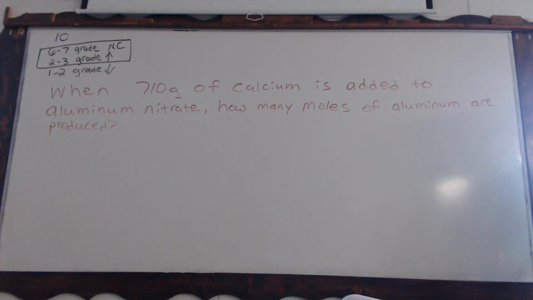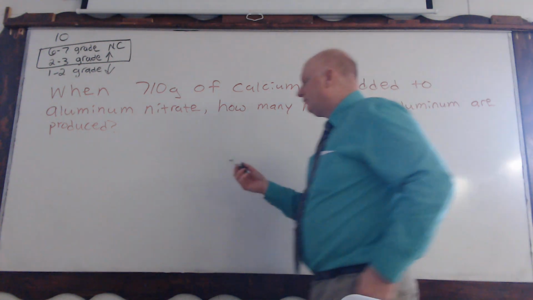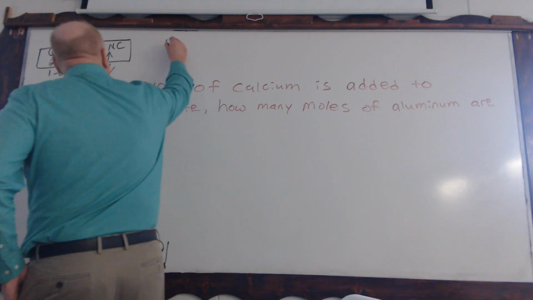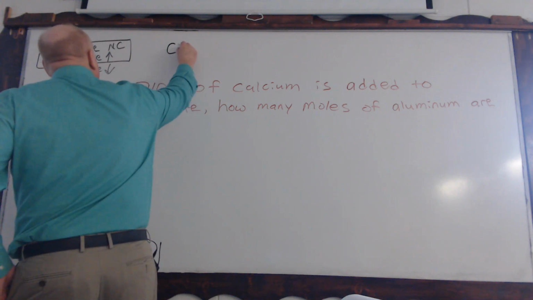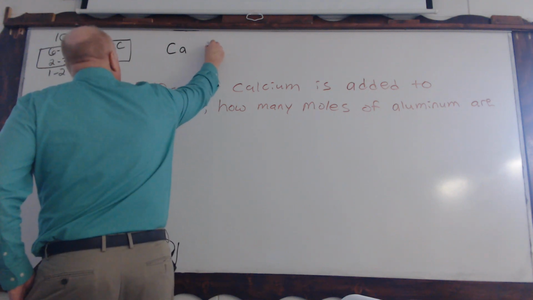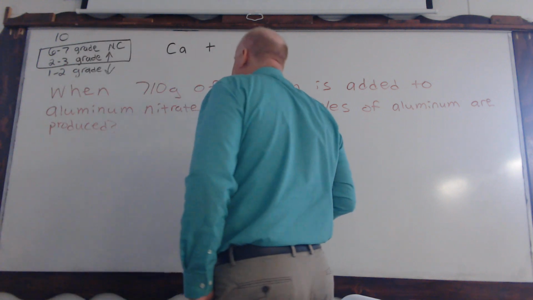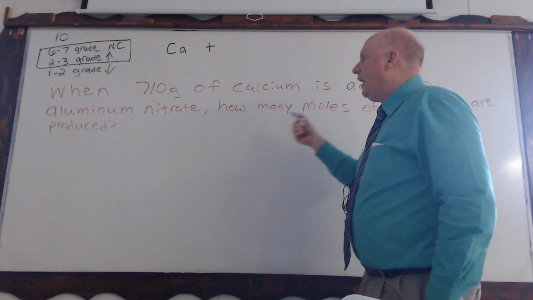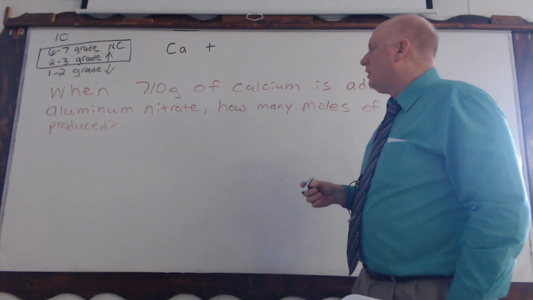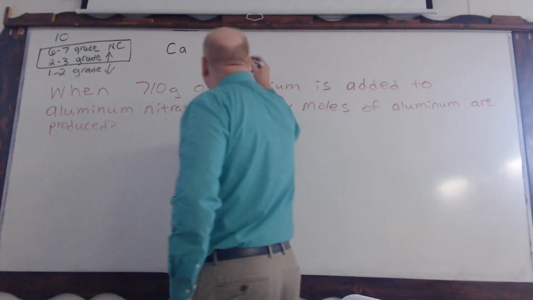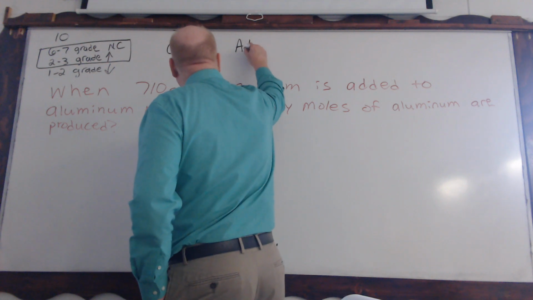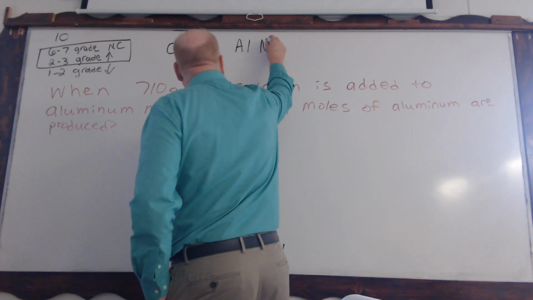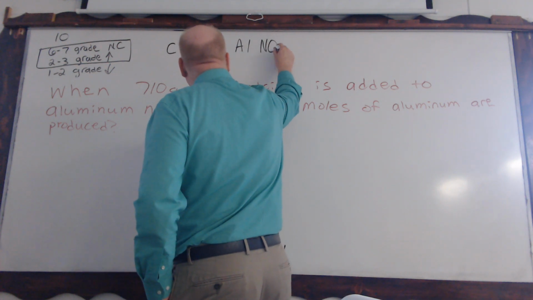Well, first of all, what's calcium? Okay, Ca. Okay, so what is it added to? It's added to aluminum nitrate. So what is aluminum nitrate? Okay.